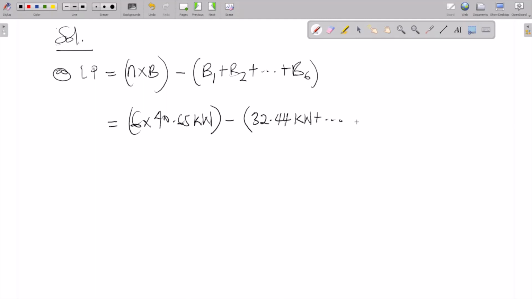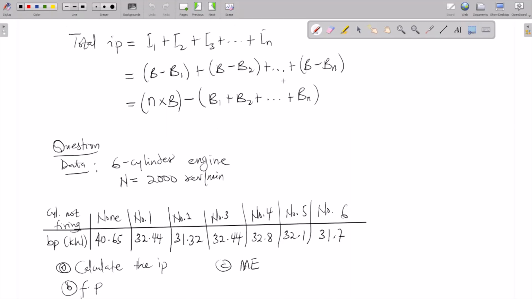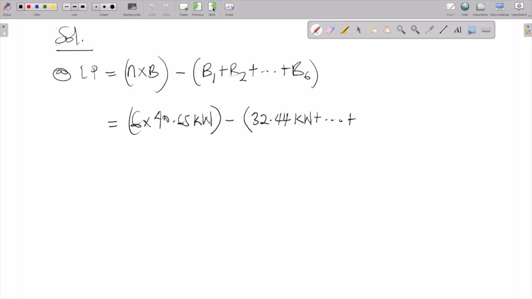Plus cylinder number two, that of cylinder number three, that of cylinder number four, and cylinder number five up to cylinder number six, which is 31.7 kilowatts. I don't want to go through writing all of the other figures, so we'll just calculate it.